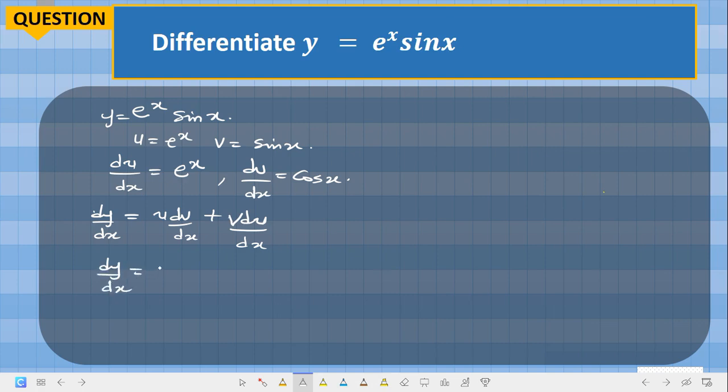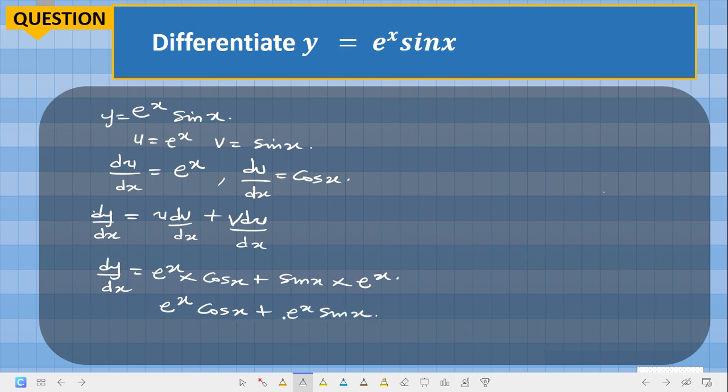Dy ds will be u, e raised to the power of s, times dv ds, which is cos s, plus our v, sine s, times du ds, which is e raised to the power of s. So our final answer is e raised to the power of s cos s plus e raised to the power of s sine s.